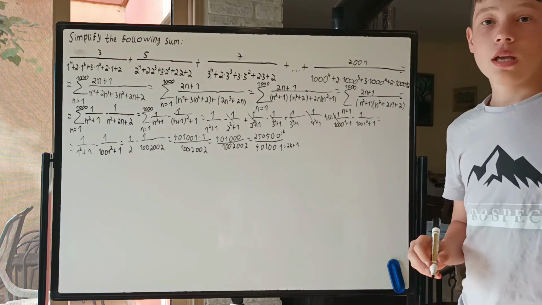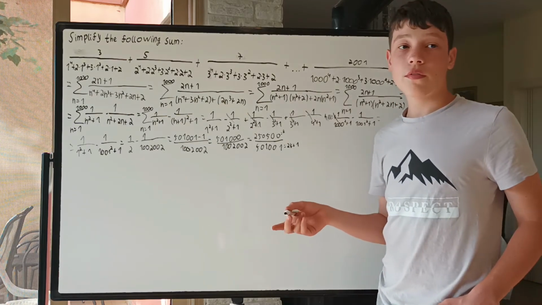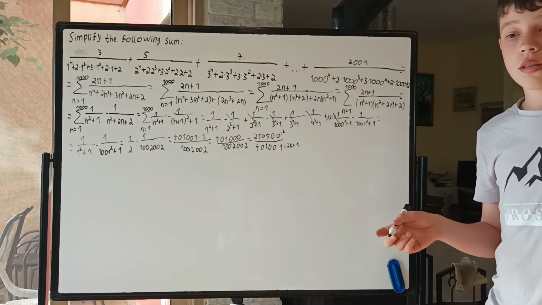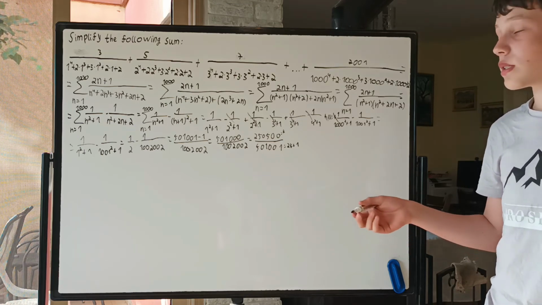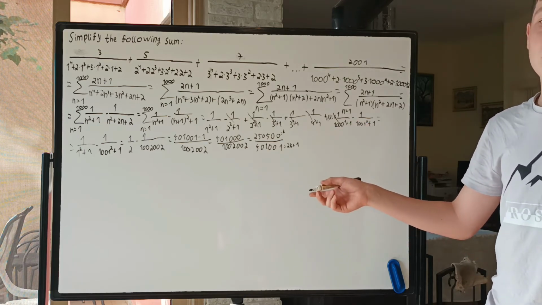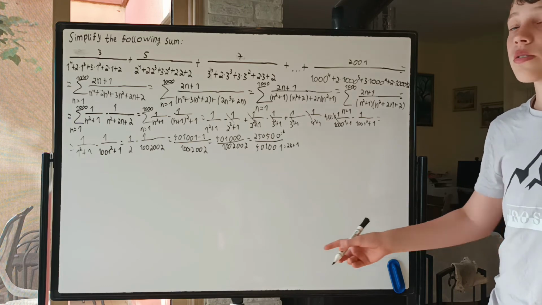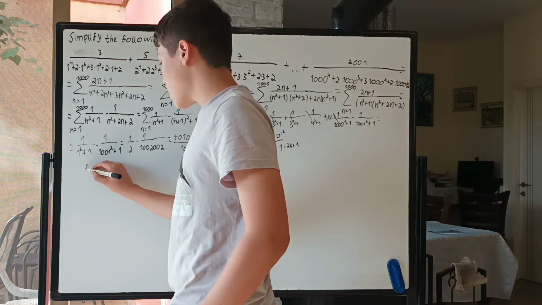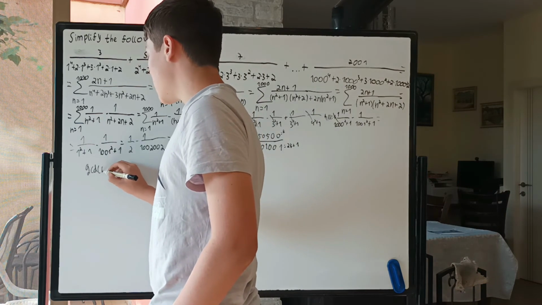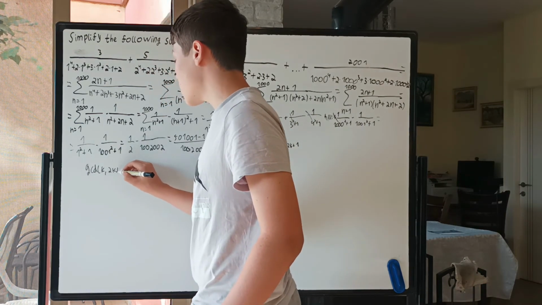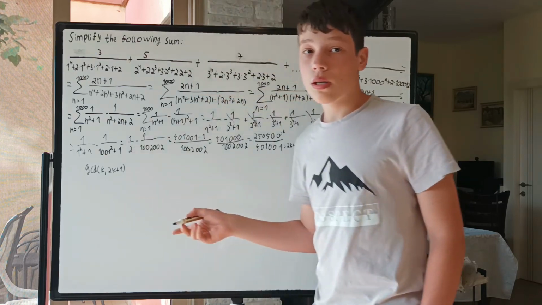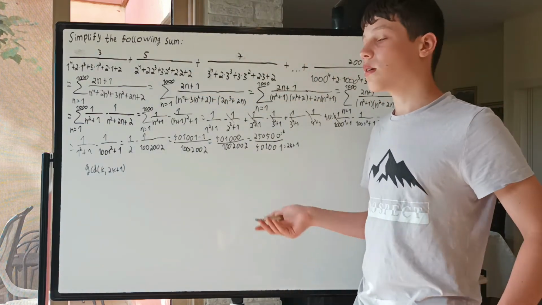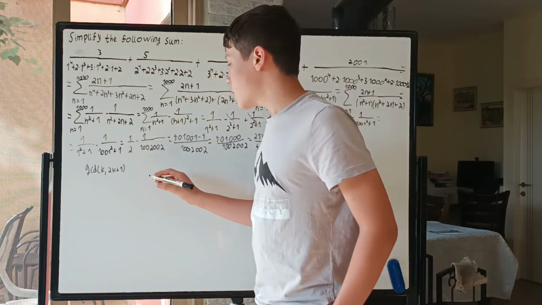And so basically, if they don't have any other common factor, that means that they're co-prime. We want to actually check that they're co-prime. If they're co-prime, they don't have a common factor, so we can't simplify this fraction. So let's check it. We want the GCD of k and 2k plus 1, and we want to show that this is 1, because if this is 1, then they're co-prime and everything else follows.